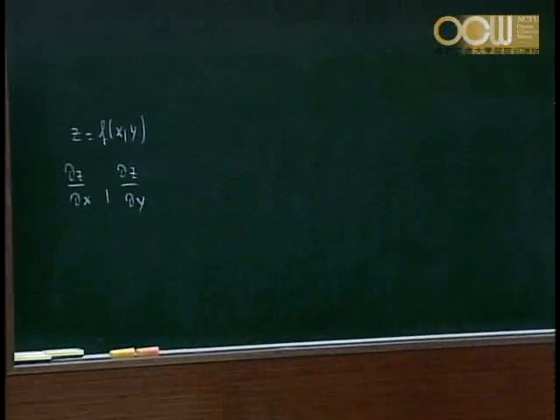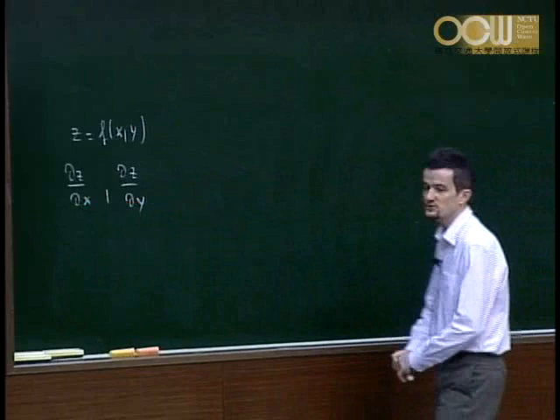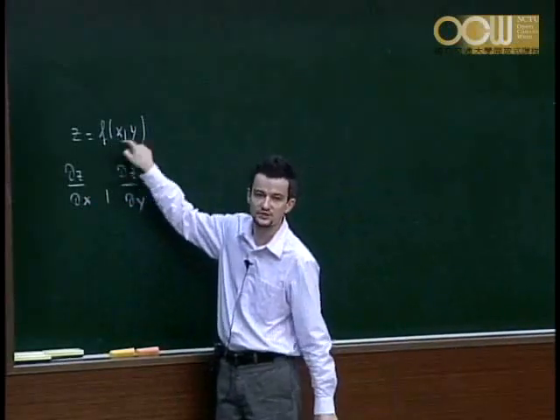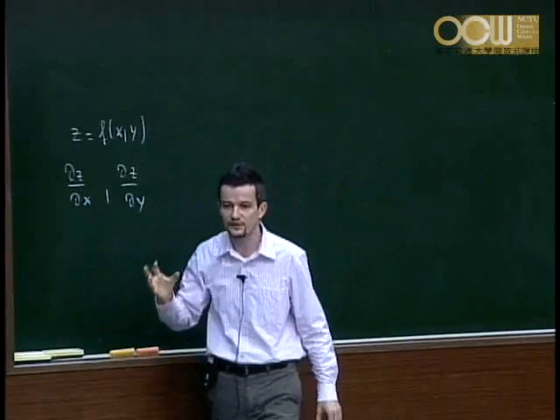Now, one first attempt to define differentiability for such a function. So our goal is to figure out what it means that such a function of two variables is differentiable.